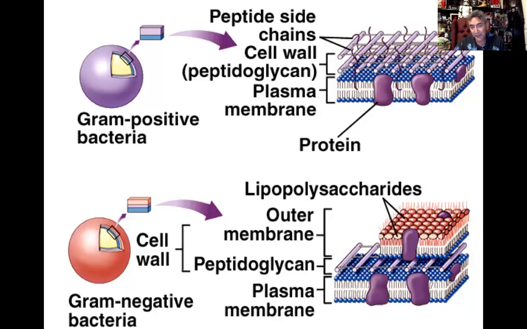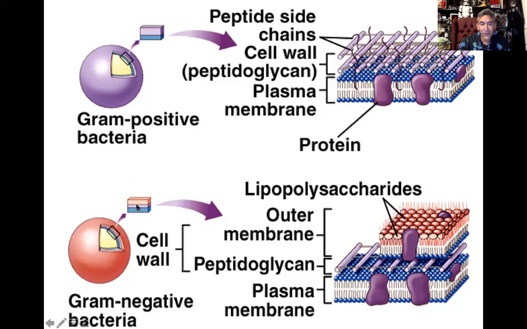So again, this is a very good summary slide. Learn this slide, spend some time with this slide. I promise you many questions based on this. Compare, contrast, gram-positive from gram-negative, right? Gram-positive being purple, gram-negative being red to pink. Gram-positive, thick layer of peptidoglycan and only peptidoglycan.